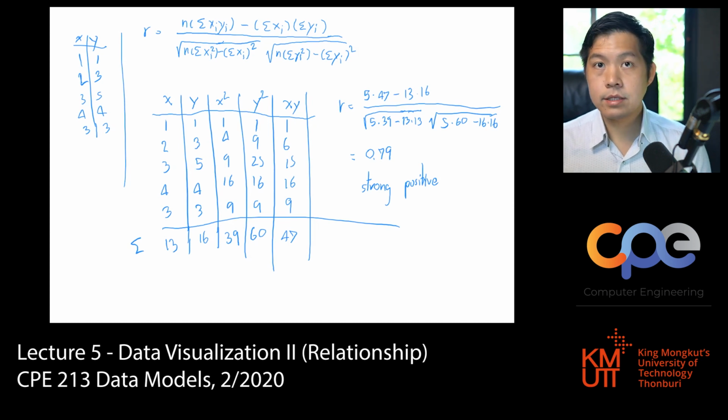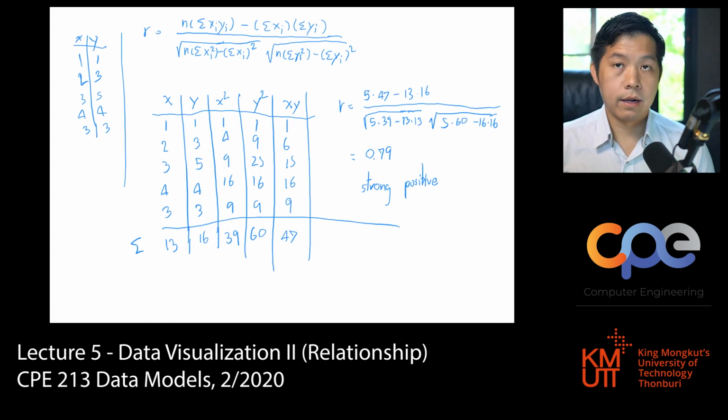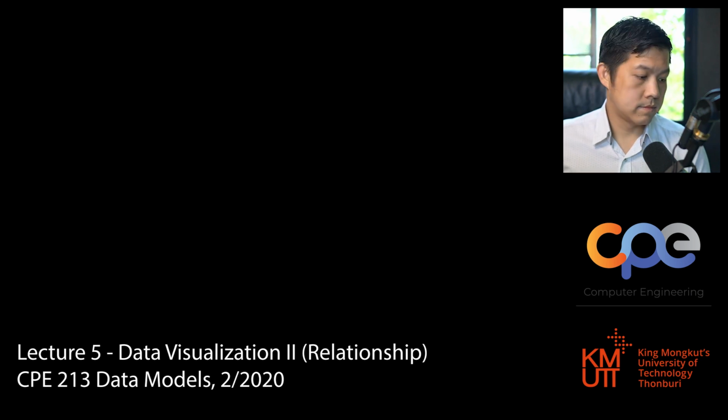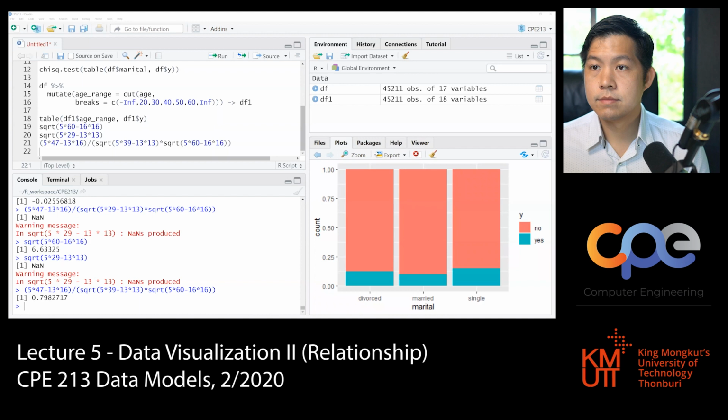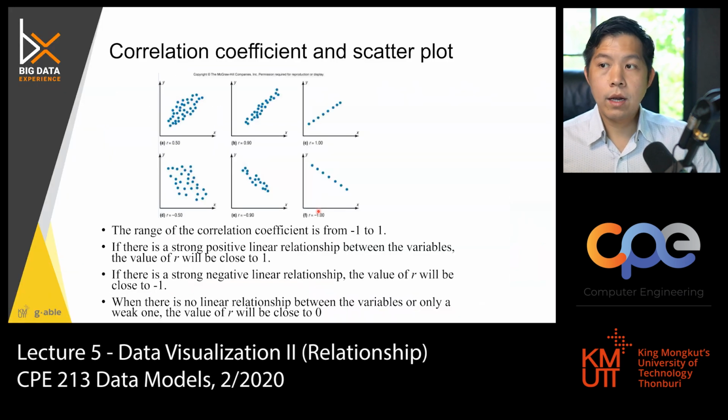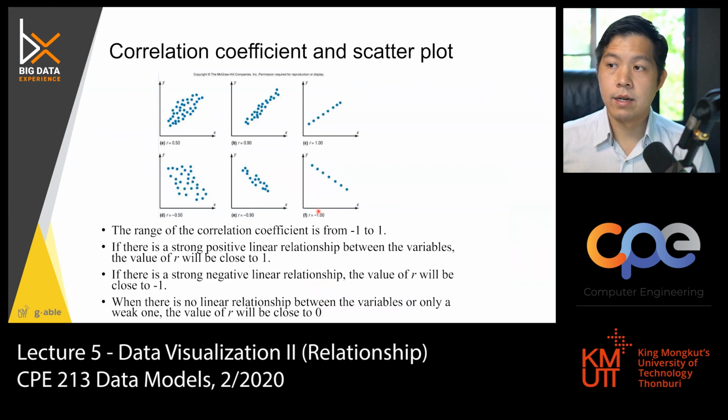Right. So this is how you can compute correlation between the two variables. The values you obtain from computation will indicate the strength of the relationship.